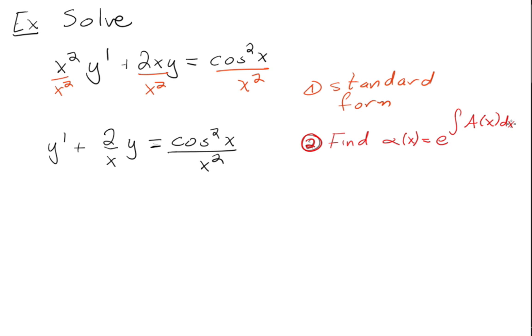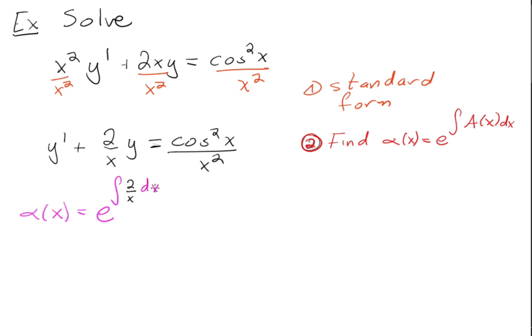So what is a again? So alpha of x is equal to e raised to the integral of a, this function that's multiplying y, right? So 2 over x dx.